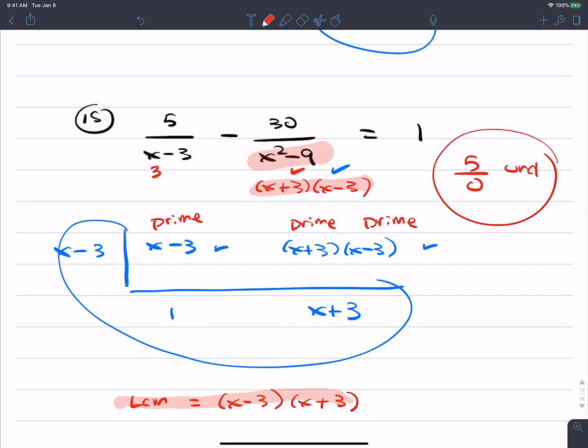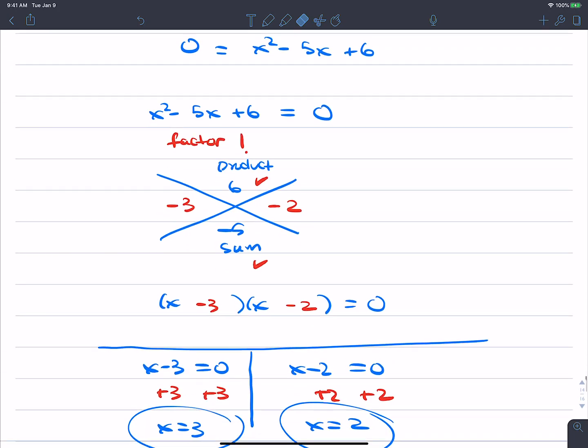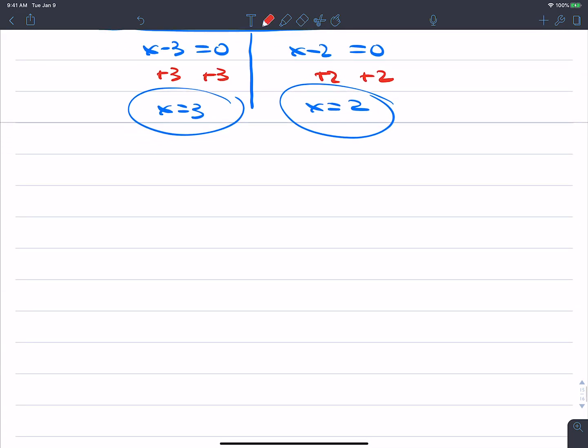Is that right? And what does that mean again? That means there's no definition. It's undefined. Anyway, we talked about that, right? So what that means here for us is we can't have 3 as a solution.